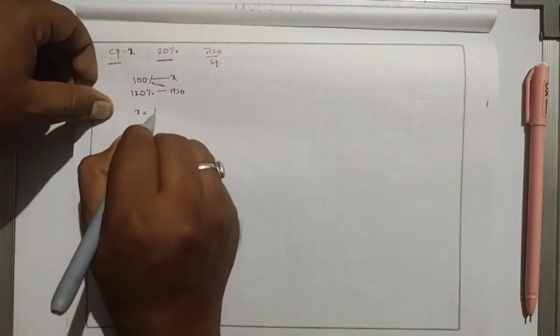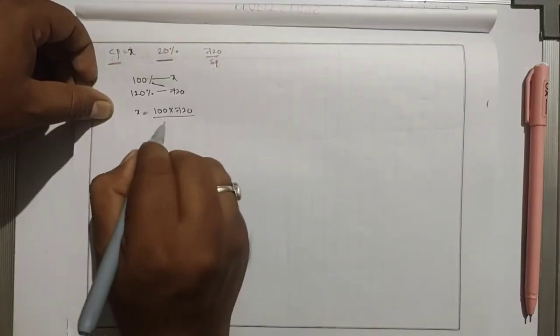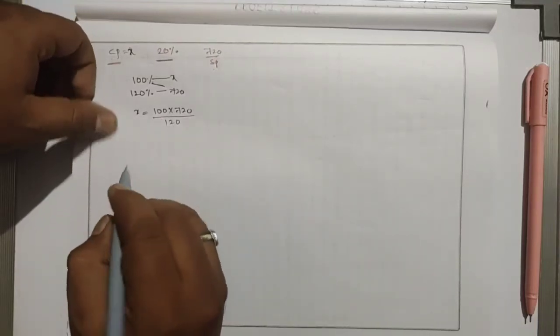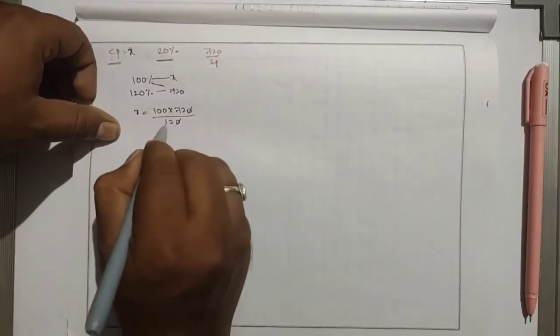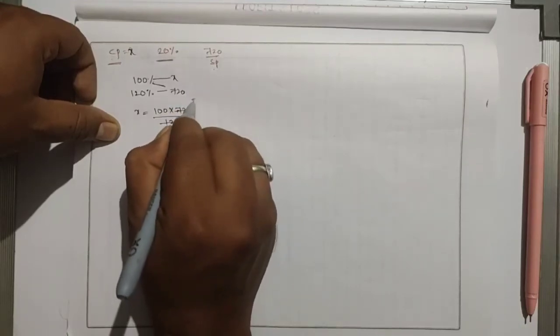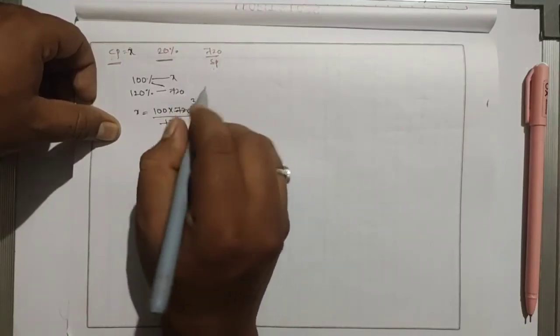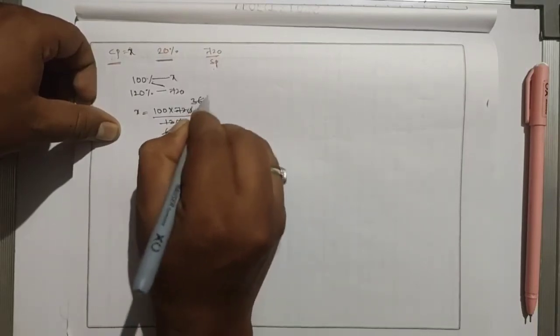Now take that 100 into 720 by 120. So now 0 0 get cancelled here, 2 6 are 12 and 2 3 are 6 and 2 6 are 12 again. Next 6 1 are 6, 6 are 36.